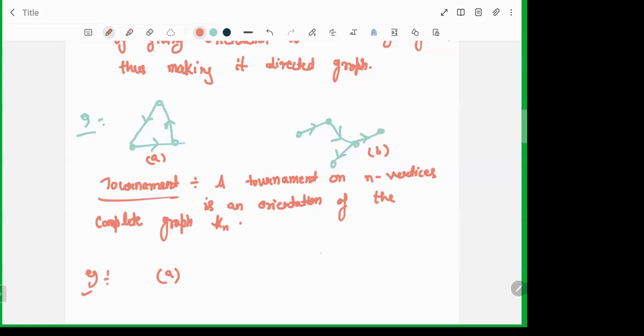So let's give another example. Suppose these are the vertices, and we connect them.